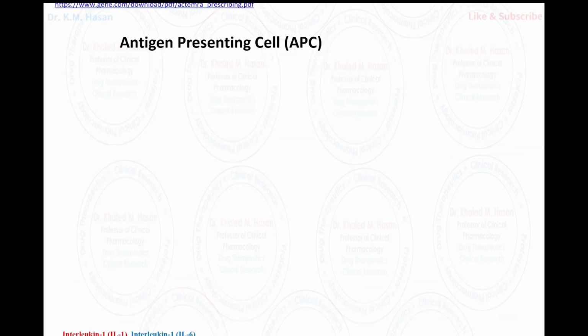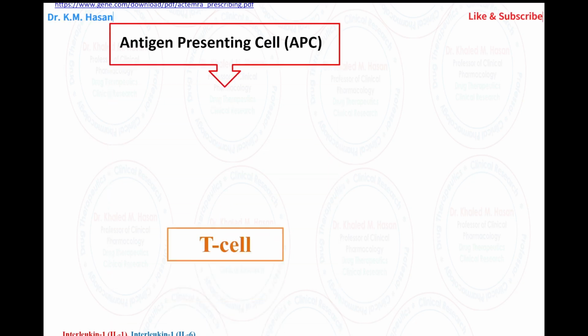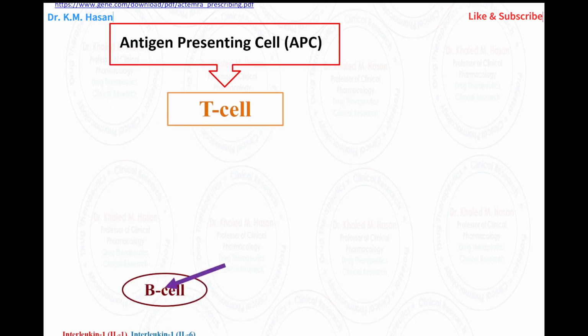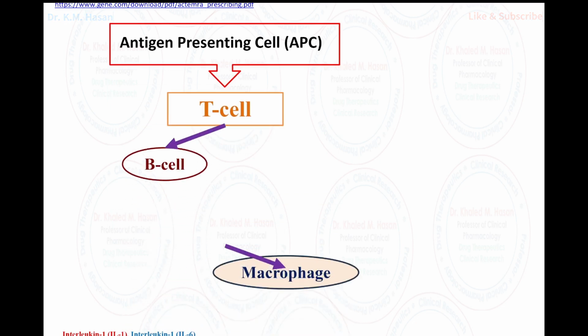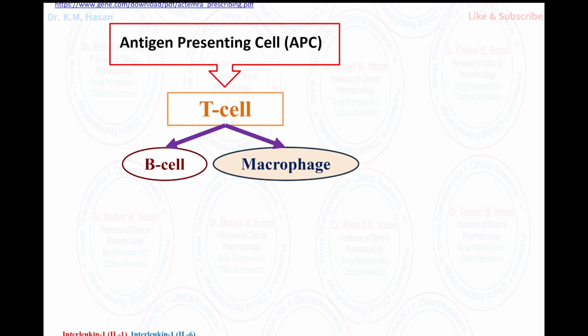Okay, now we try to bring some diagrams as an explanation of what happens. We know that we have APC, antigen presenting cells. This will lead to the activation of T cells. The T cells will activate B cells, and this will also activate macrophages. So this is a normal physiological function in the human body.